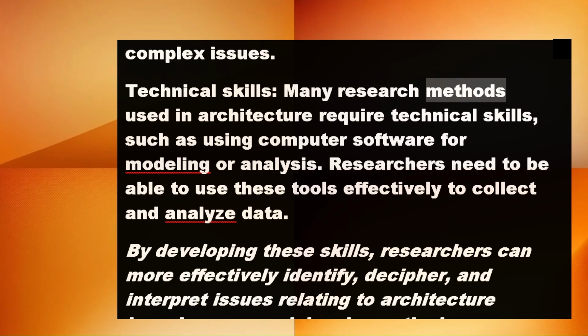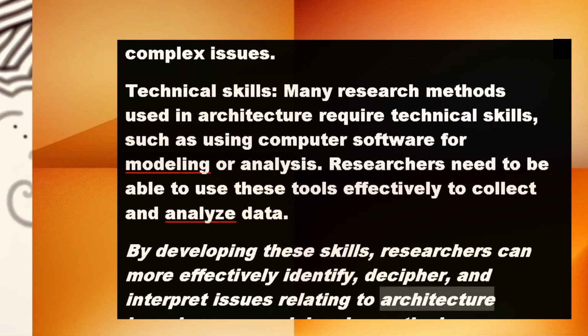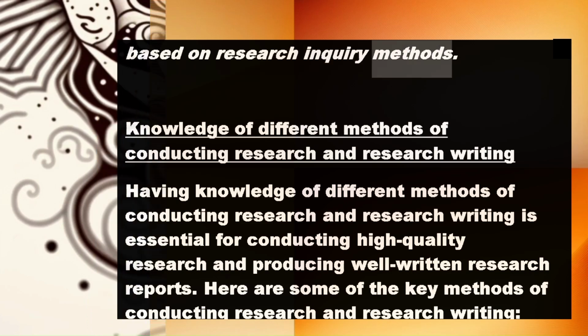Many research methods used in architecture require technical skills, such as using computer software for modeling or analysis. Researchers need to be able to use these tools effectively to collect and analyze data. By developing these skills, researchers can more effectively identify, decipher, and interpret issues relating to architecture based on research inquiry methods.